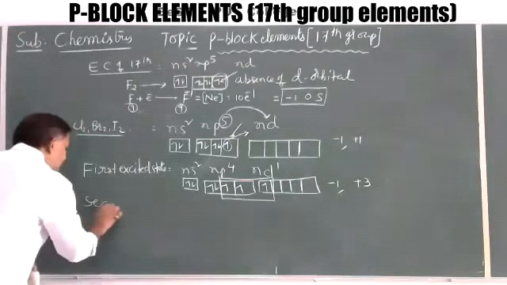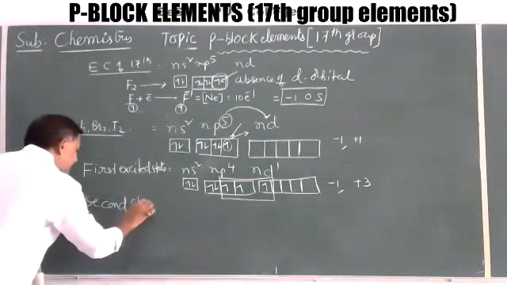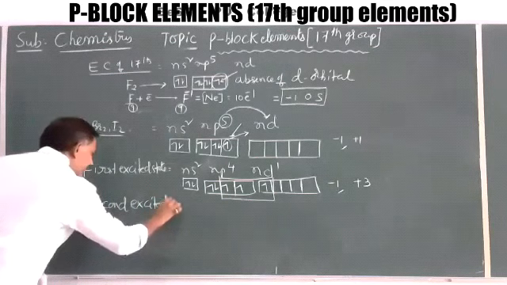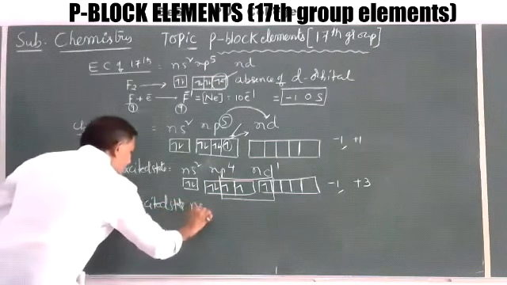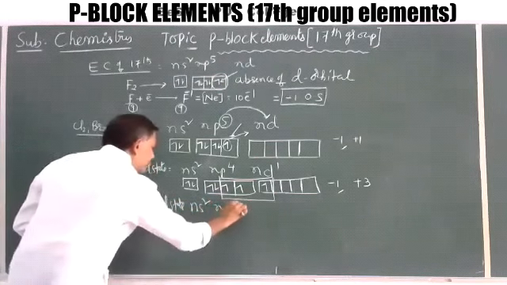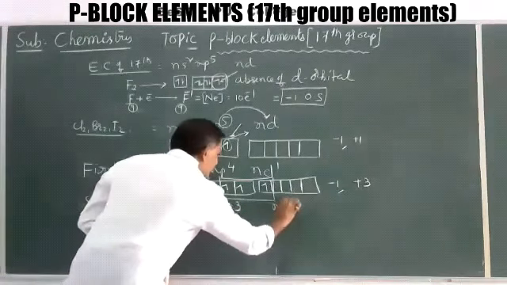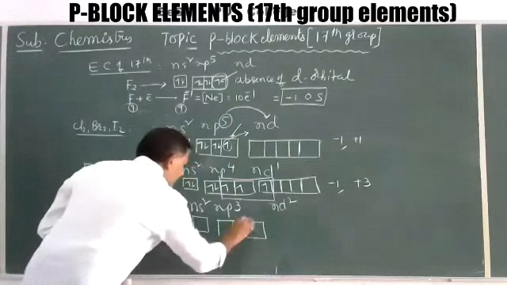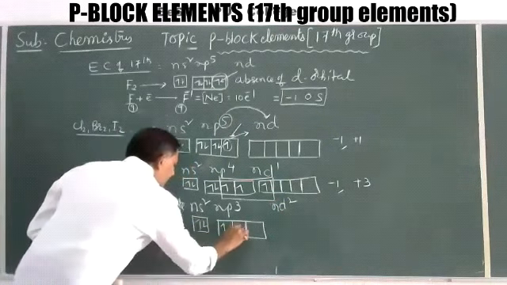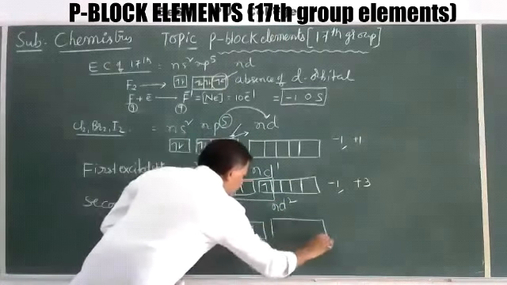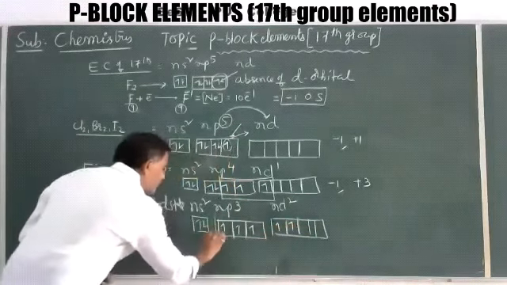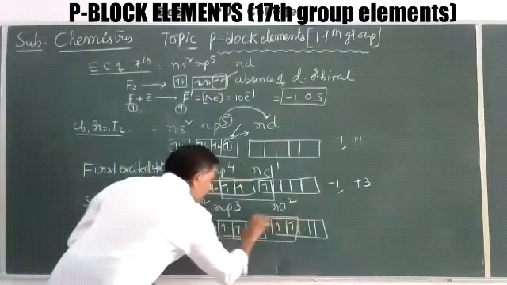Now in the second excited state, its electronic configuration is ns2 np3 nd2. Here 3 unpaired and here 2 unpaired electrons are there, so in total 5 unpaired electrons.